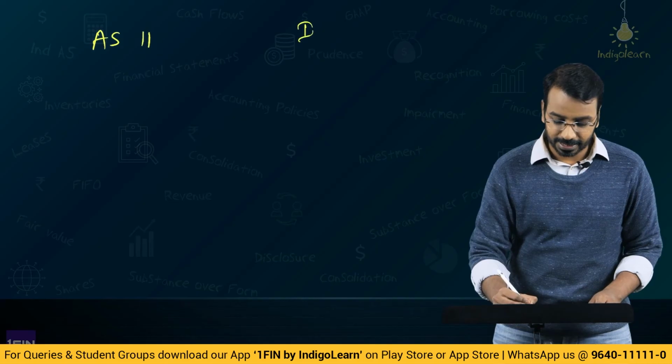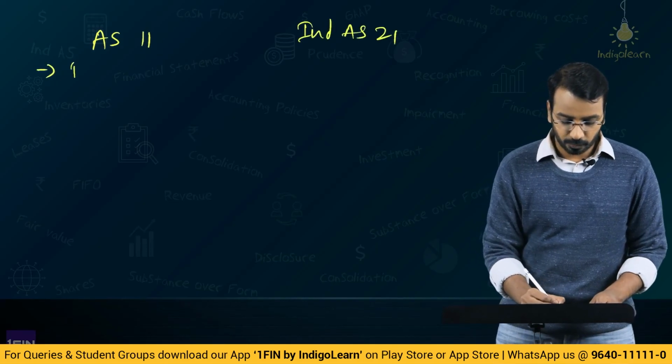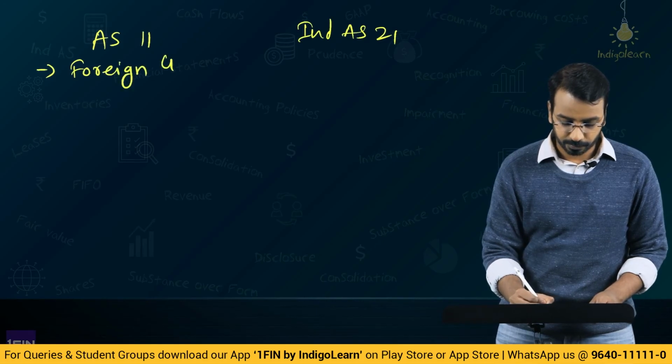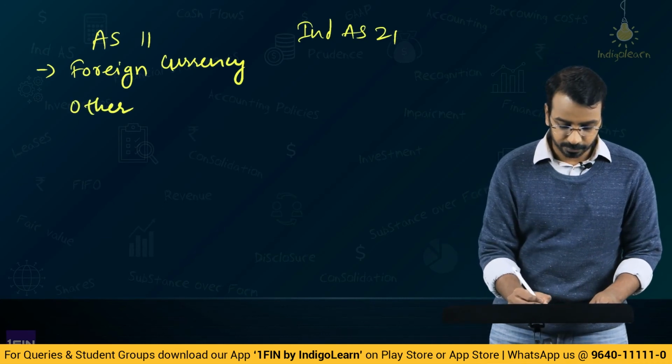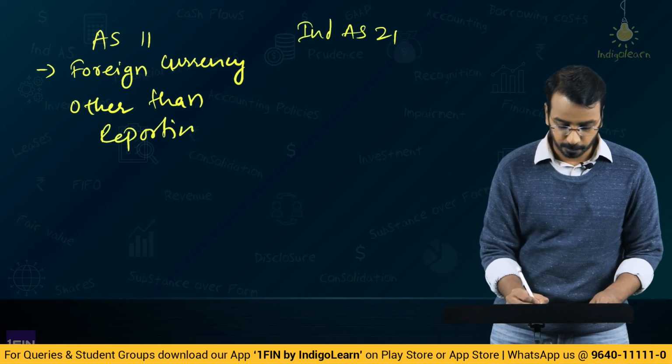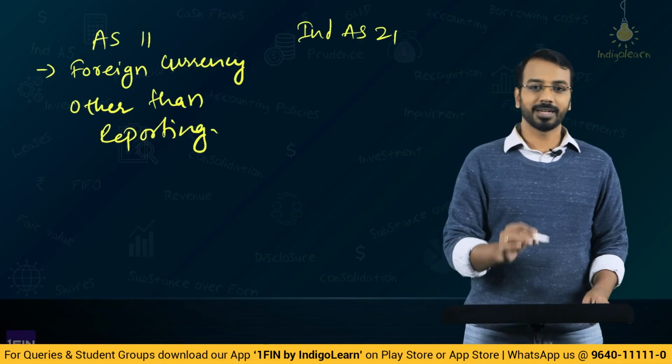AS 11 says foreign currency is a currency other than the reporting currency. Okay. Any currency other than reporting currency is a foreign currency.